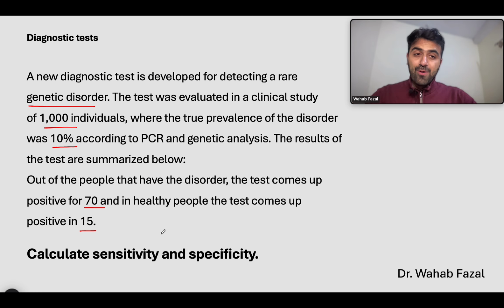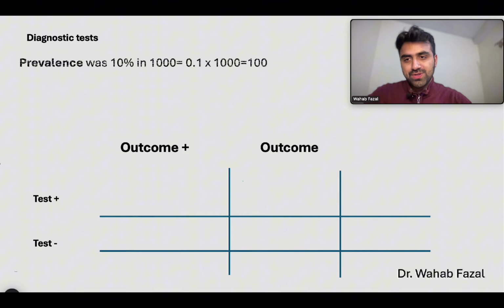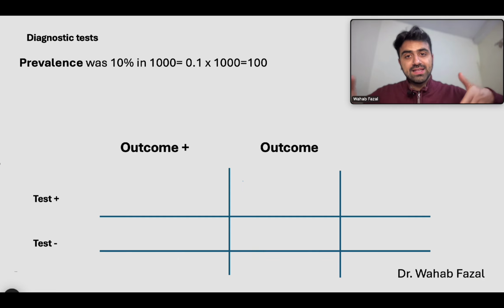Let us take what we learned in the previous few slides into action now. Okay, so let us draw the table together and copy the numbers from the previous slide to this page. Prevalence was 10% in 1,000. What does prevalence mean? Prevalence is all the people at this point in time who have the disease in this population.